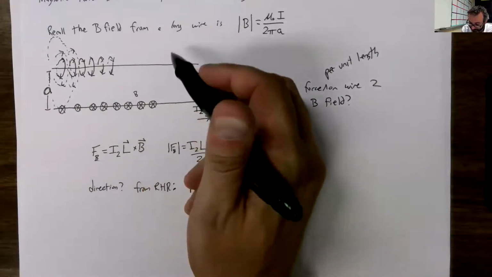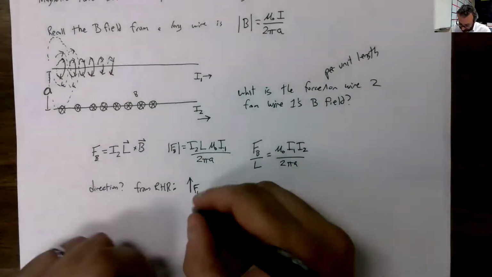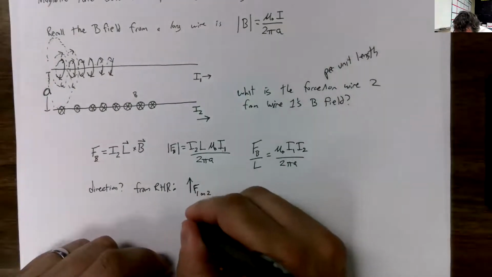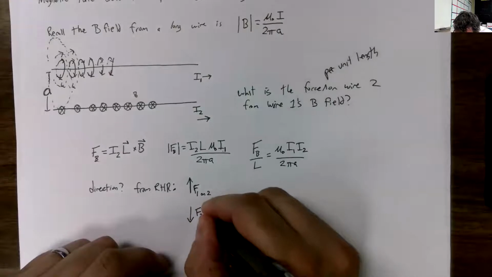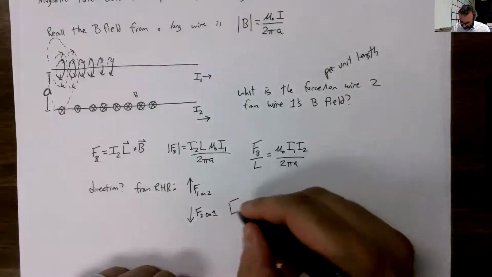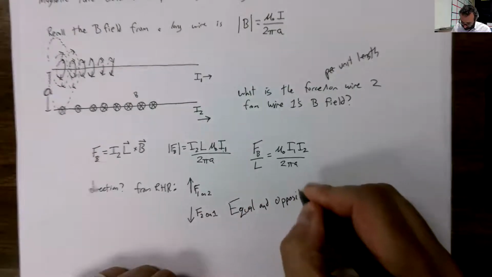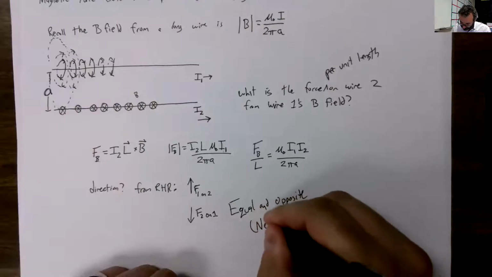So for the force on current 1, if I point my fingers to the right and then curl them out of the page, my thumb points downwards. So the force from 2 on 1 is downwards, and these are equal and opposite. And that's Newton's third law.